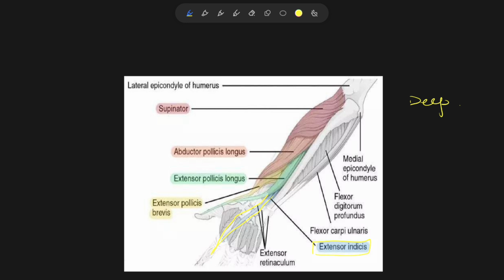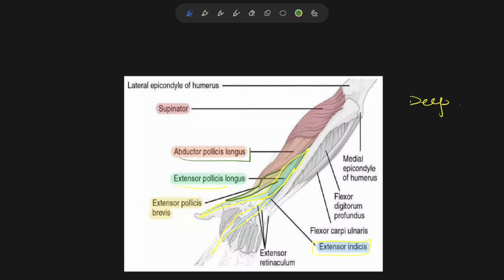And then we have extensor pollicis longus, which goes to the pollicis, our thumb, and this is the longest muscle. That's why it's extensor pollicis longus. Another we have is extensor pollicis brevis. It will be shorter than the longest muscle. That's why it's pollicis brevis.